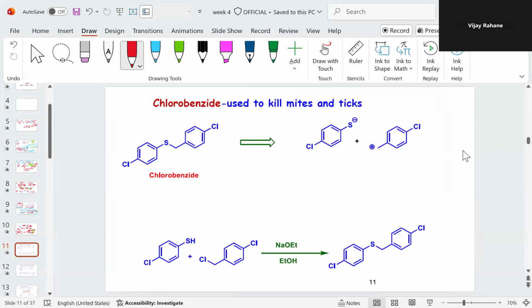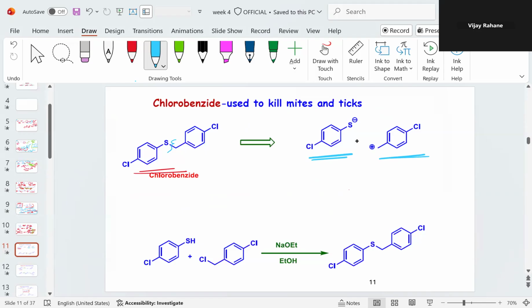It is a commercial pesticide used to kill mites. If you look at the retrosynthesis for this molecule, how one can synthesize it: very simple, in this case it is just one disconnection, and we can get simpler starting materials.